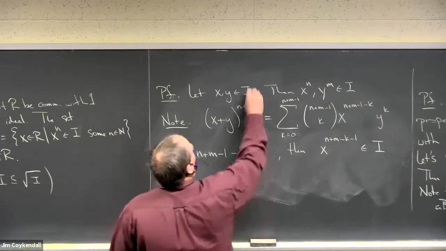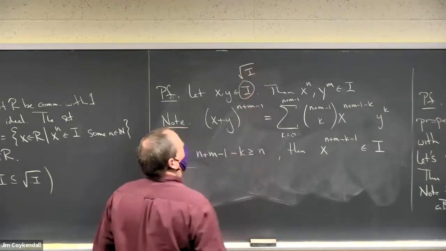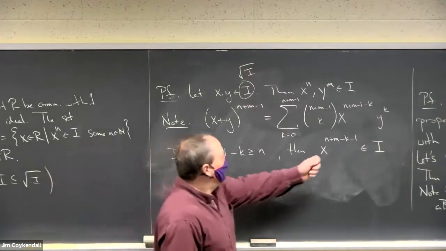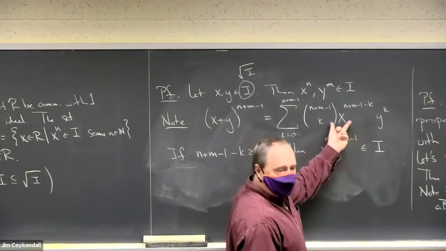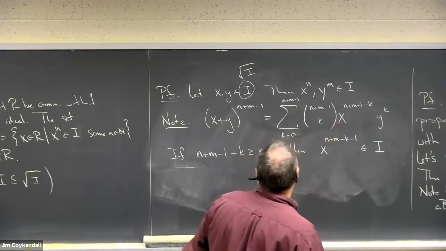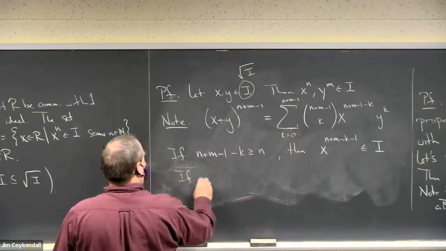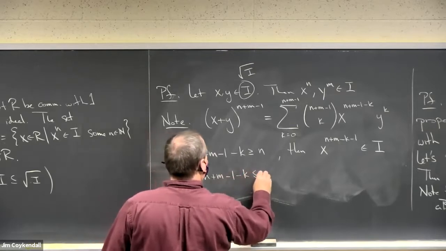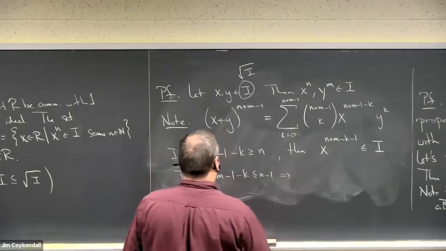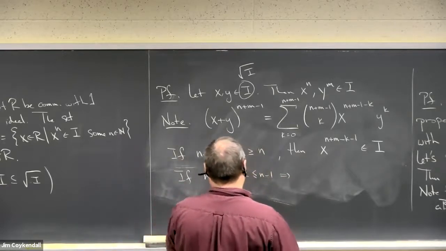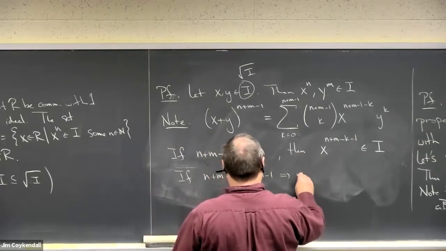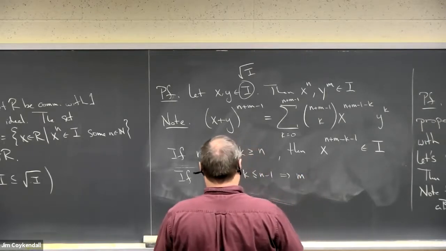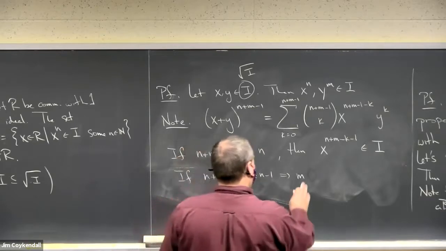I did. Okay, so everybody with me so far. So if the exponent of this is at least n, then this term is sucked into I. If that, let's stick the mouse away here, that m is what means k is greater than or equal to.